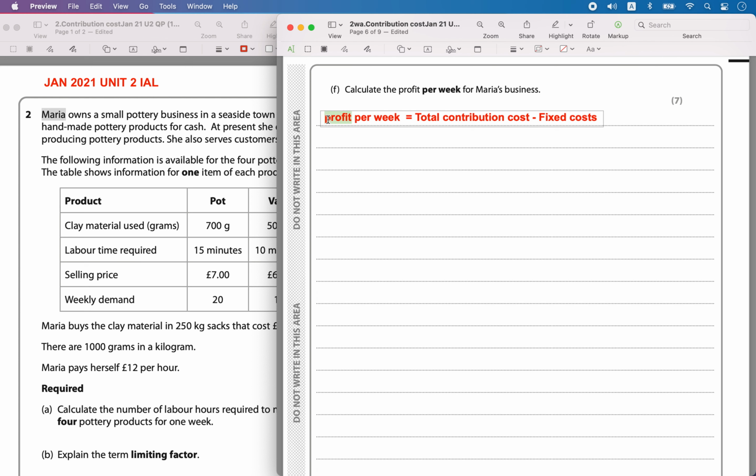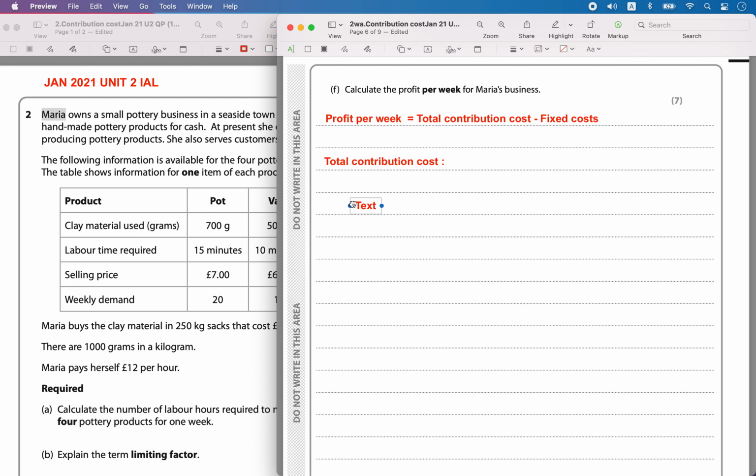That will give you the profit per week in this case. So now, what are the products we have to write, and what is the total contribution we are getting? We will have to calculate the total contribution.